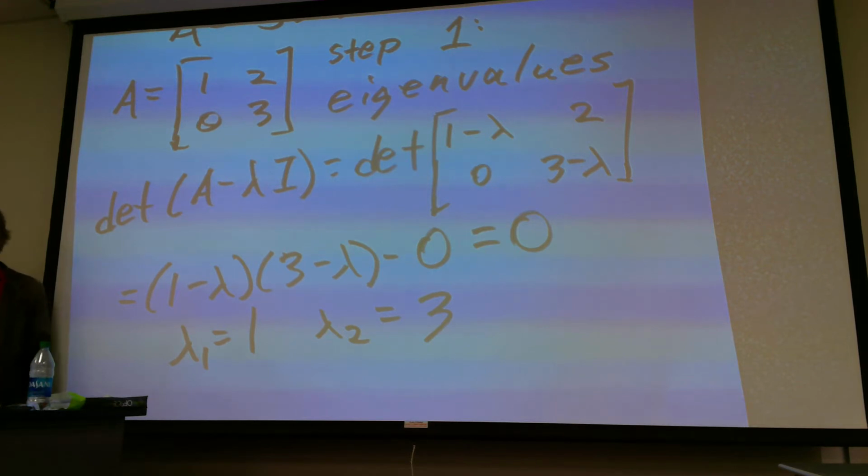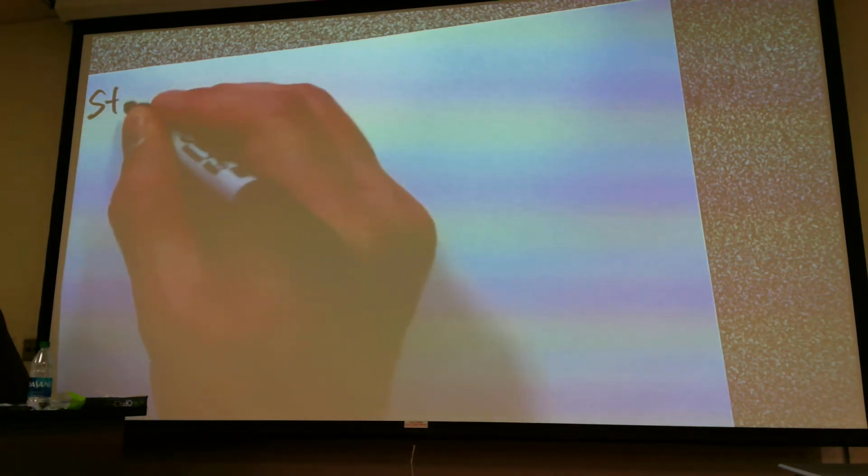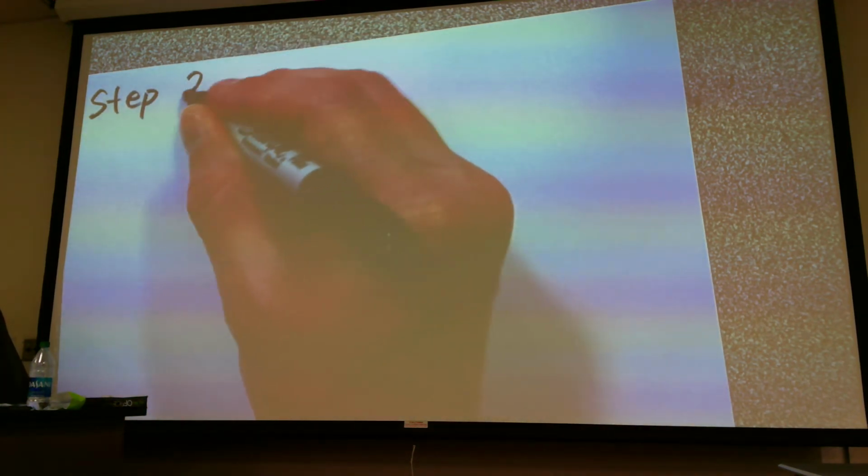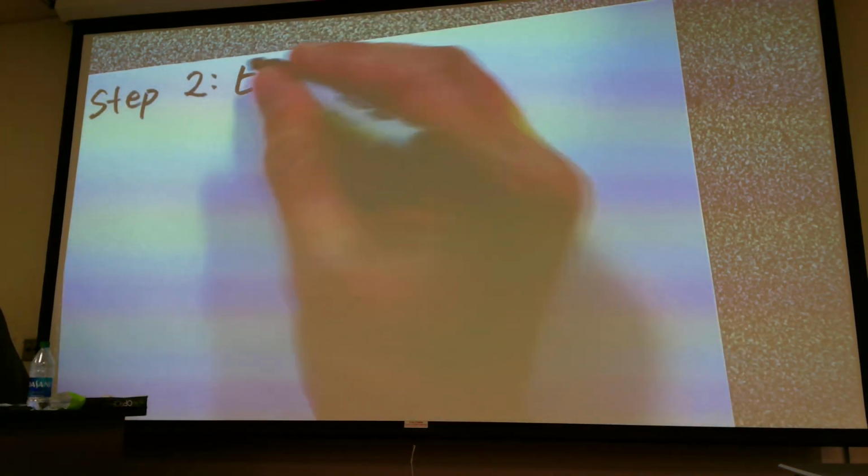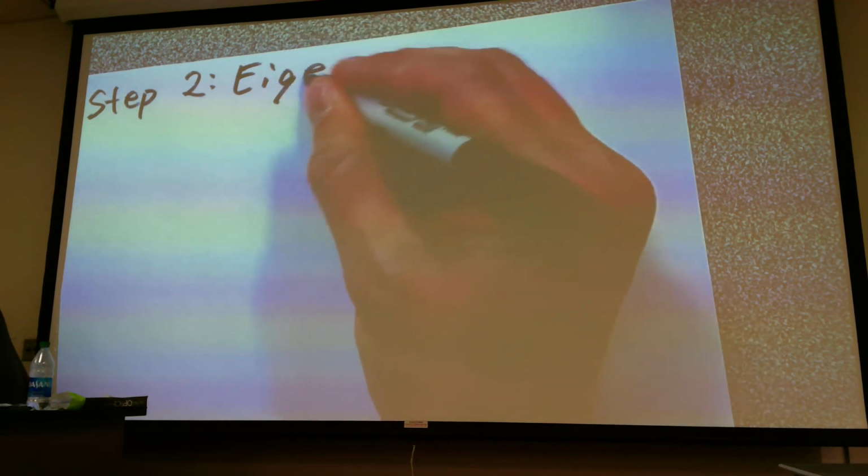Now that we have the eigenvalues, let's look for the eigenvectors, and then that will give us S, and then we can find S inverse. Okay. So now we're on to step 2, looking for the eigenvectors.